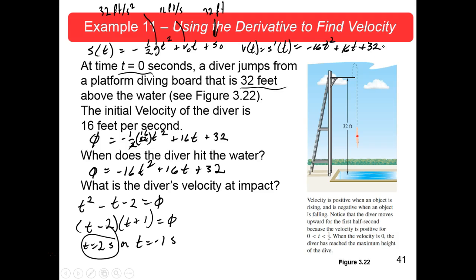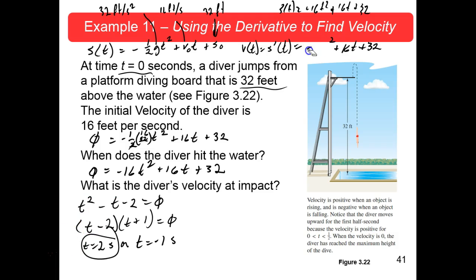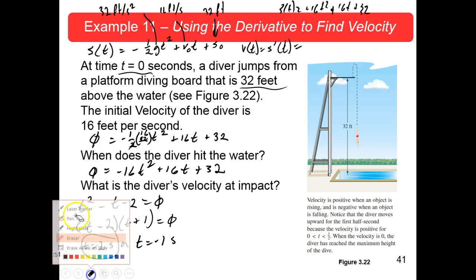Okay, we can write it that way. Oh, wait. Sorry. This is S of t. Minus 16t squared plus 16t plus 32. Now, take a derivative of that. And what does that give you?